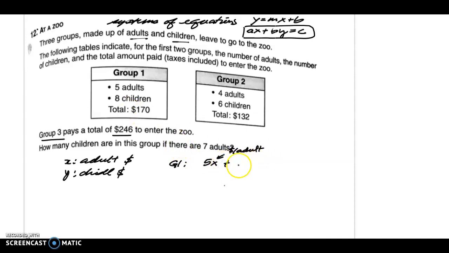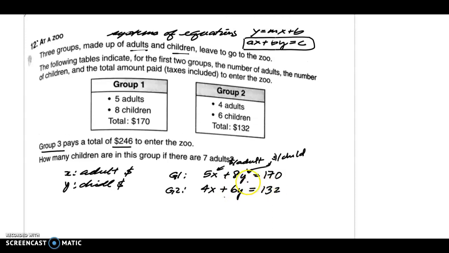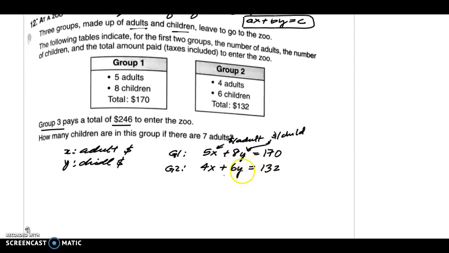Plus, you have 8 children, which is, its units is dollars per child, right? But you know the total cost did come out to be 170. So group 2 is going to be, well, there's 4 adults plus 6 children. That was 132. So guess what? Now we basically have what we're looking for, right?